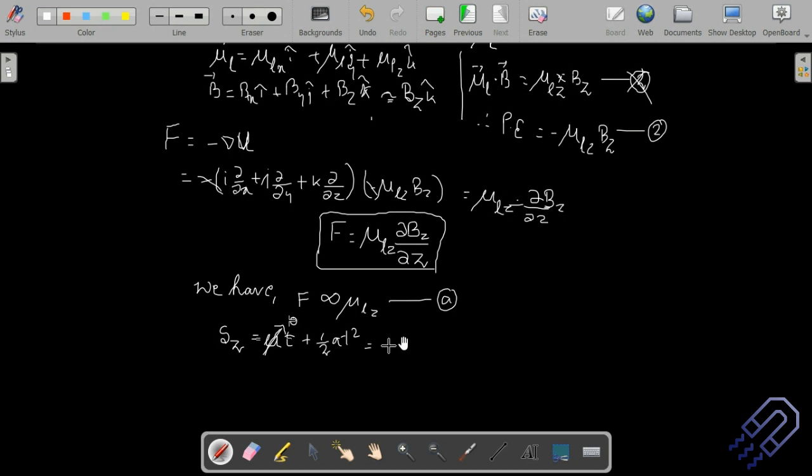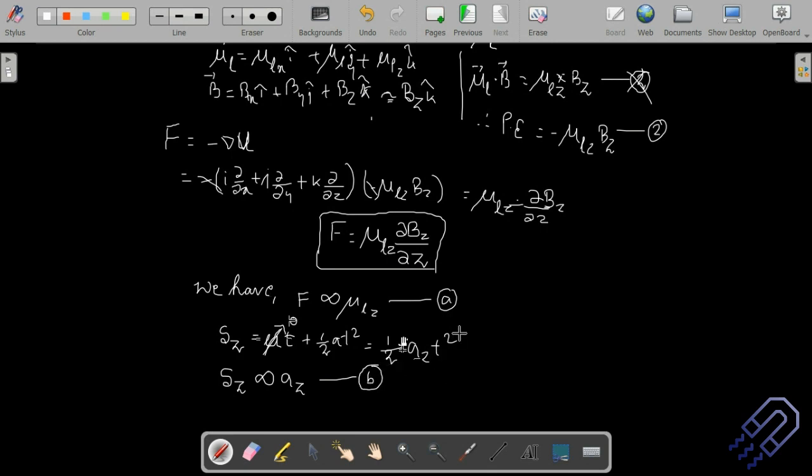So the result is only half at square. Acceleration along the z-axis, so let me write it down as half az t square. Okay, so that means this sz or deflection that we actually are having is directly proportional to the acceleration along the z-axis. Let's mark this as number B.